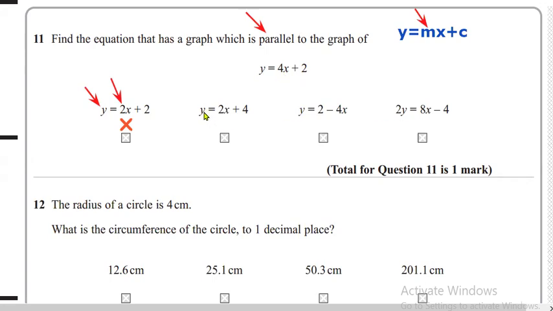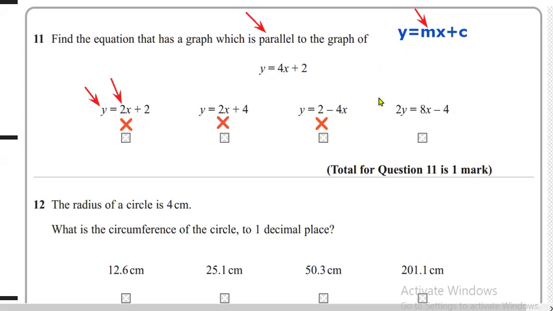Same idea here. The y is alone, or the y has a coefficient of 1, but the number next to the x is not a positive 4. This means this line is not parallel. Here, when I look, I see that the y is alone, like this one, and the number next to the x here, this is 4, but this one is negative 4. This means it's not parallel to it.